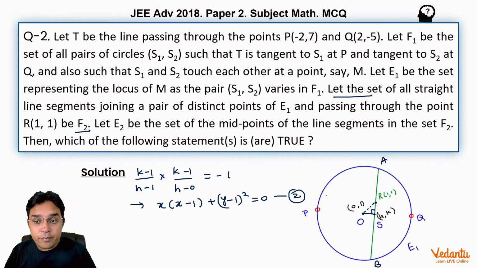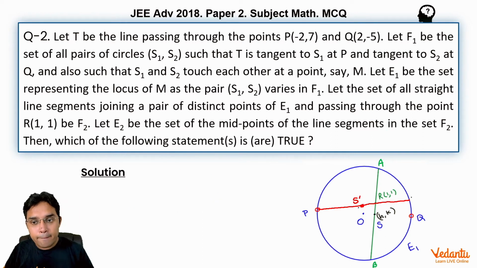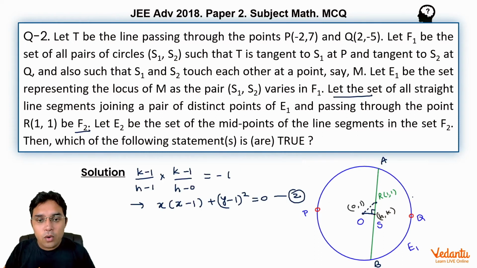Now, once again, because P and Q are not lying on E1, all those corresponding points on equation number 2, where I join P with R and make a chord, the midpoint of this one should not be lying on this locus of E2.